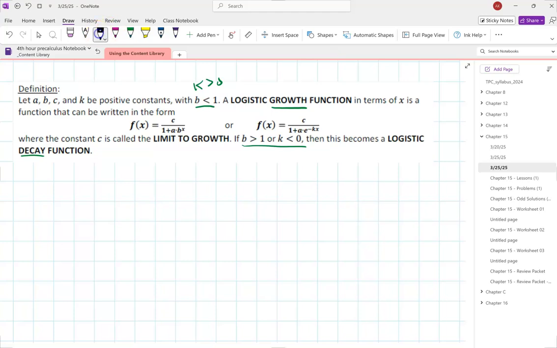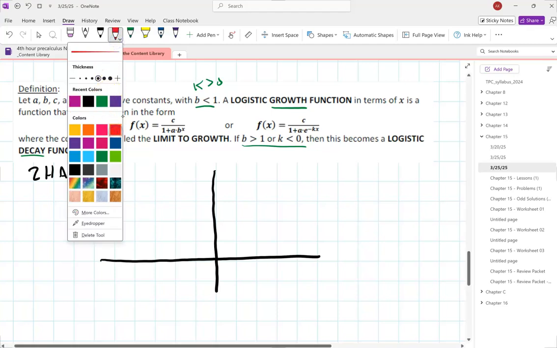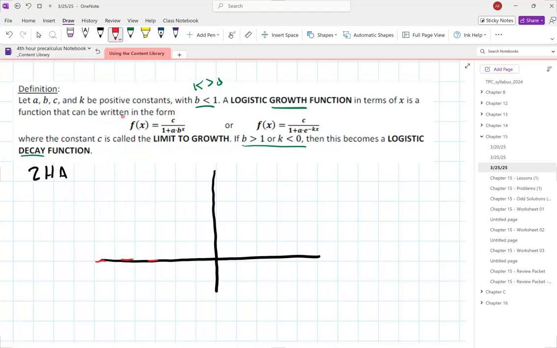And this is really cool because your logistic function always has 2 horizontal asymptotes. One of your asymptotes is always y equals 0. And the other depends on the function.